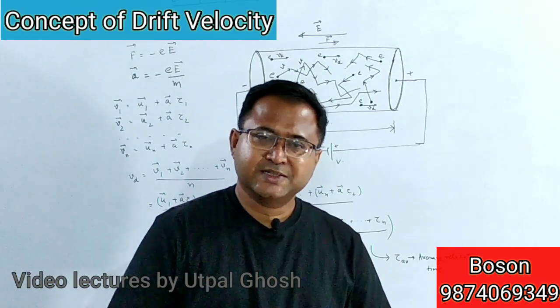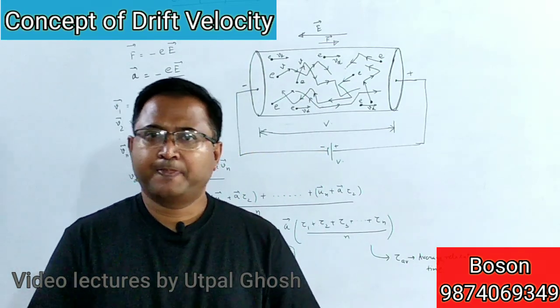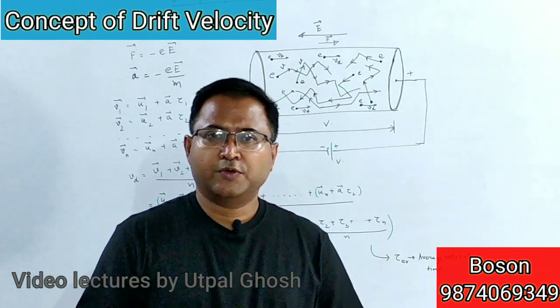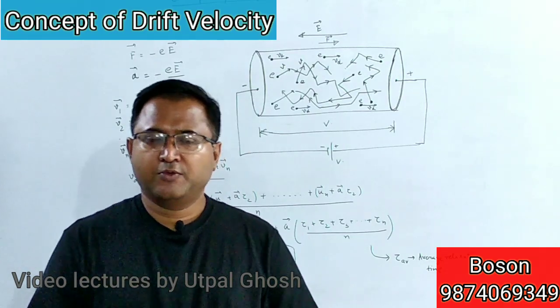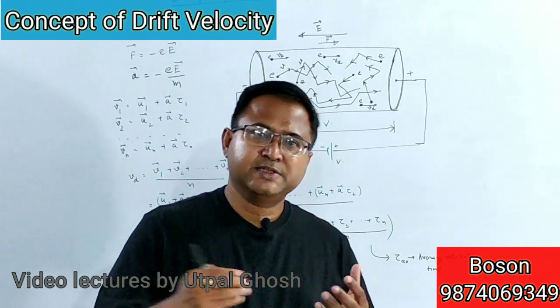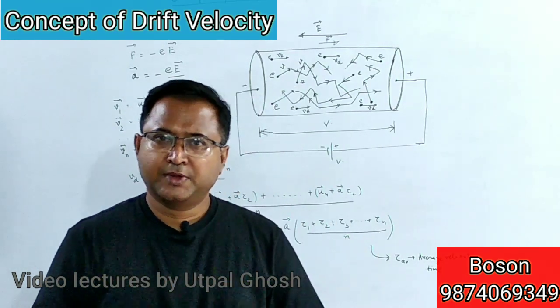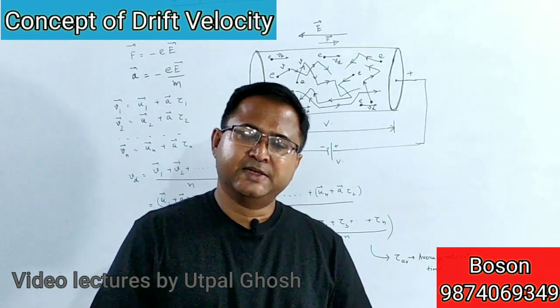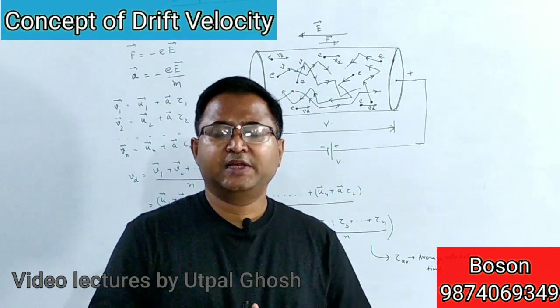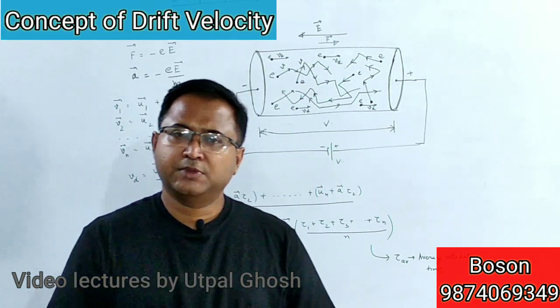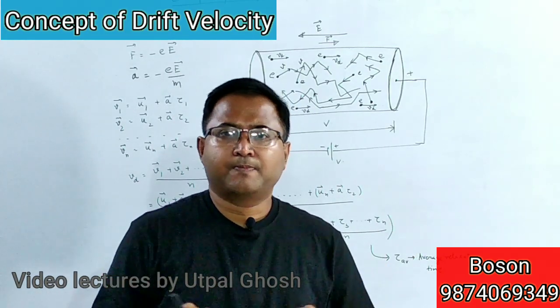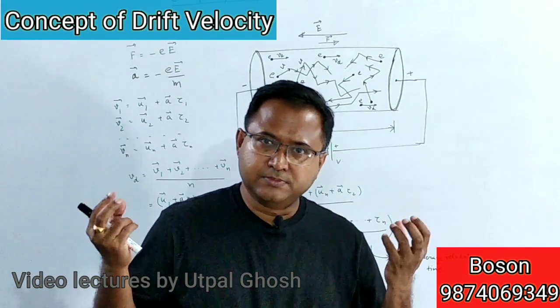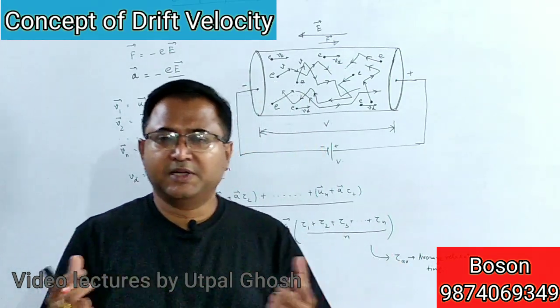So we can consider a conductor consisting of electrons which are moving randomly inside the conductor like gas molecules, and the energy the electron is getting is from the heat or the room temperature or thermal energy.